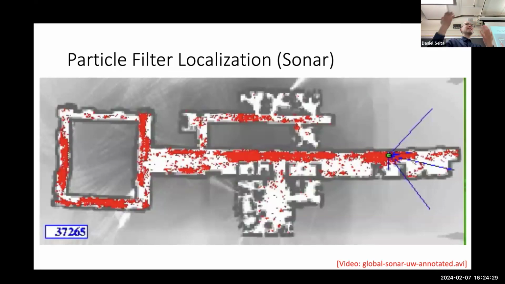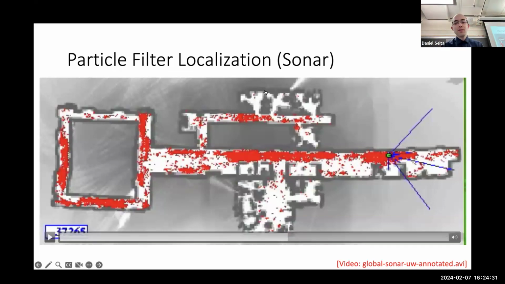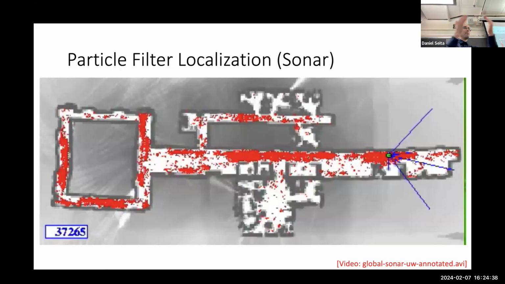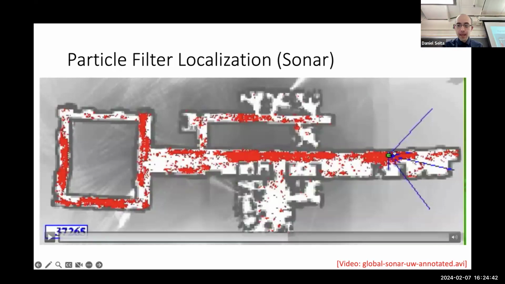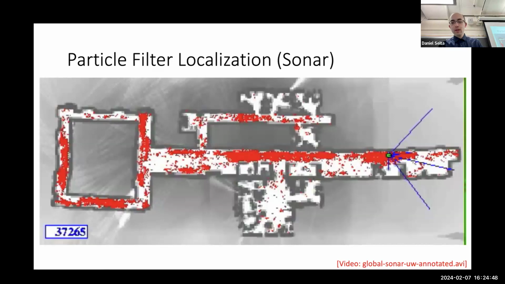And then it becomes less likely that the true position is somewhere in a region that doesn't have a long, flat, thin part to it. So this is the most likely position of the robot.